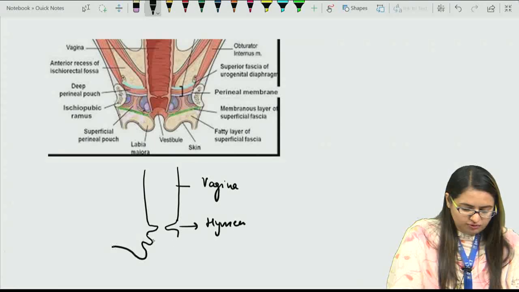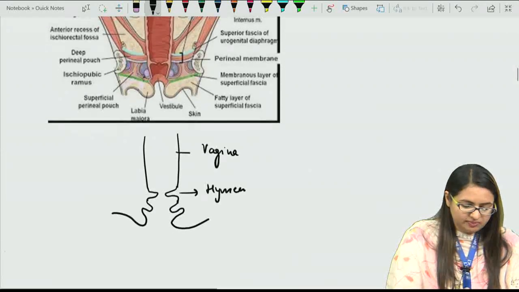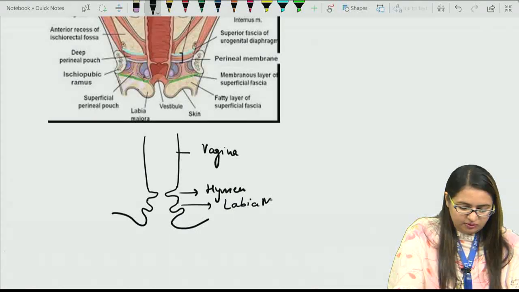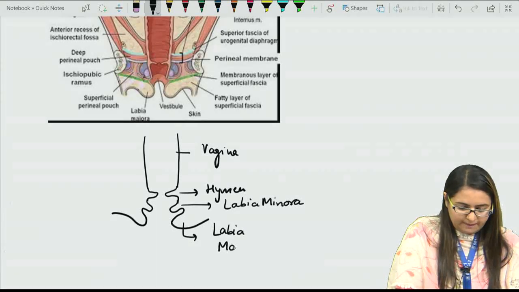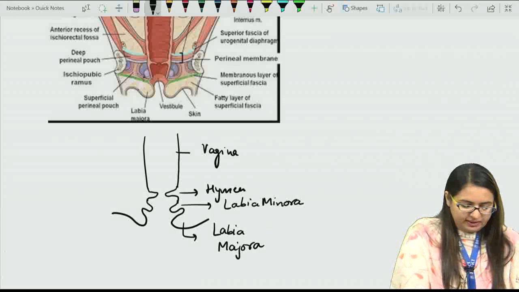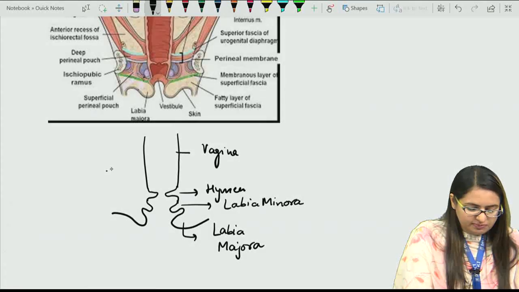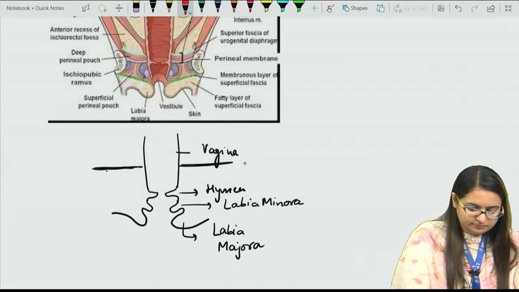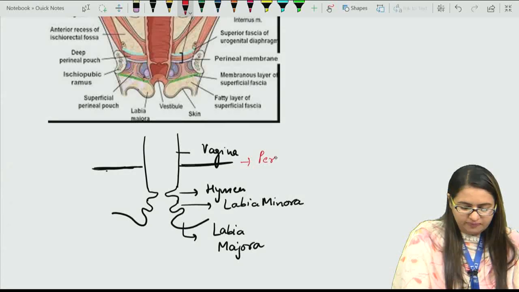Then there are two structures over here, the labia minora and the labia majora. This is the labia minora and this bigger fold is the labia majora. There is a perineal membrane over here.